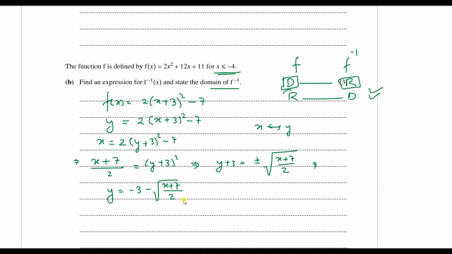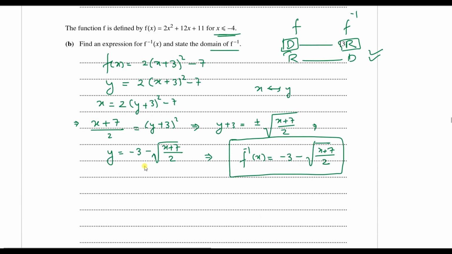We can write the last step as y as f inverse of x, and hence we got the expression for f inverse x. It is going to be minus 3 minus the root of (x plus 7) over 2. This is the f inverse x, and now comes the domain.